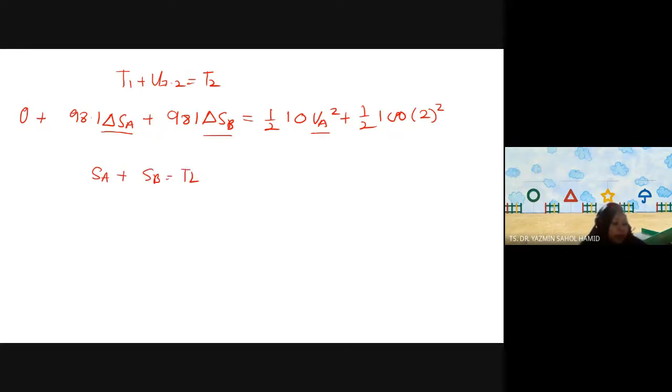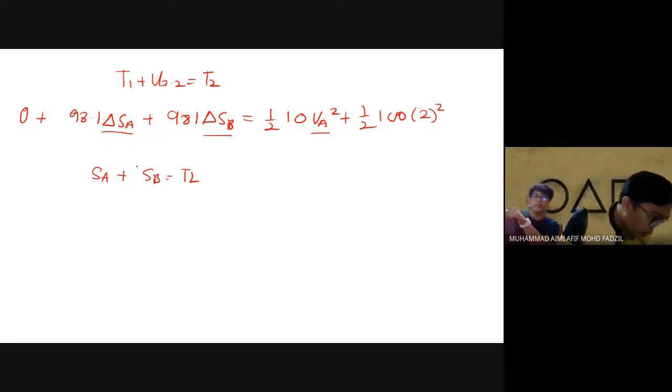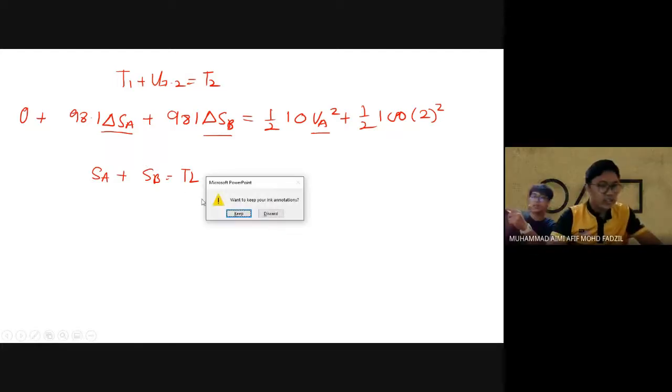Okay. Kita punya SA dengan kita punya SB ni. SA berapa string? Untuk SA ada satu je kan? Untuk SB kita ada berapa? Kelas? SB kita ada berapa string? 2 kan? 3.